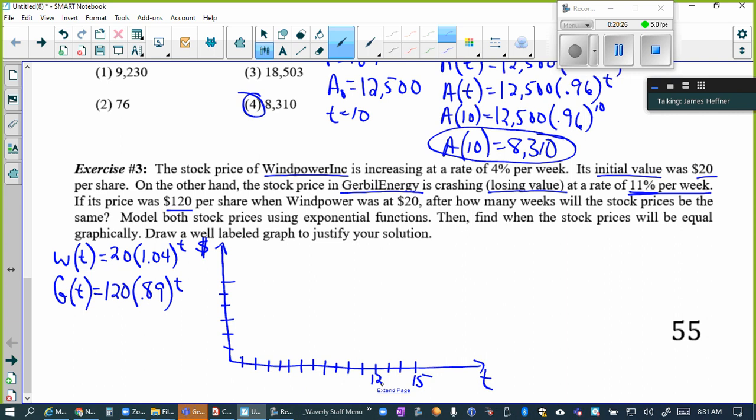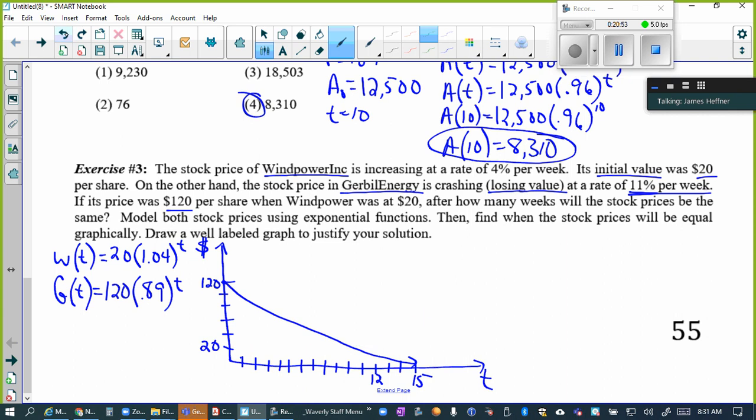So the one stock, the WFT, didn't that start up here at 120? Right? And it's decaying down like this. Okay. And what value did the other stock start at? It started at 20. Maybe I'll use a different color here. So that started at 20, and that's slowly growing.